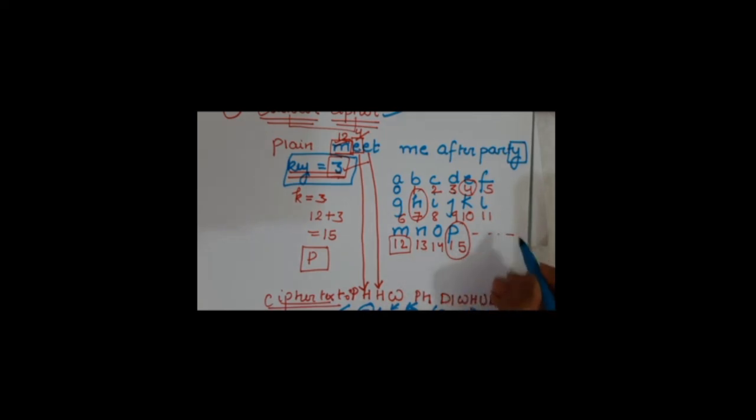What will happen? There will be a circle. After Z, the value of A should repeat. Therefore, we are performing mod 26. Okay, thank you, class. We'll be discussing this again in the next lecture.